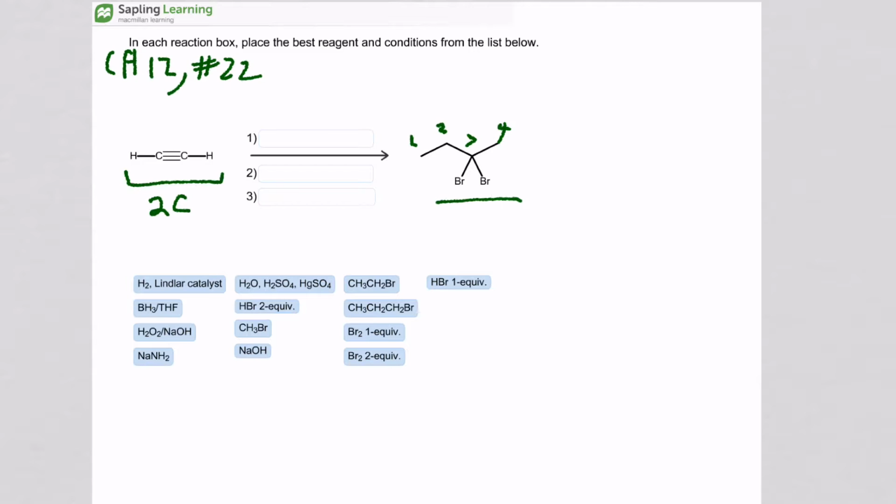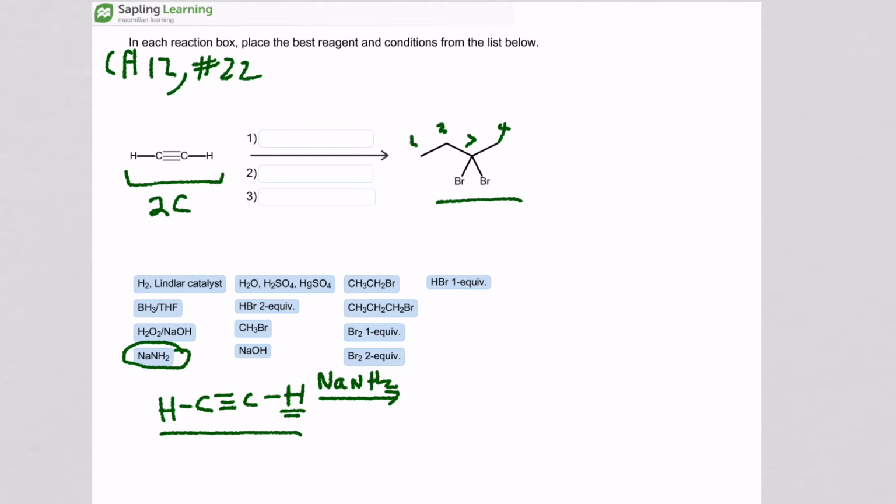So far, the only way that you know how to extend the carbon chain is to react a terminal alkyne with sodium amide, and that's going to deprotonate, which will give you this acetylide ion, okay, which you know is going to be a good nucleophile.